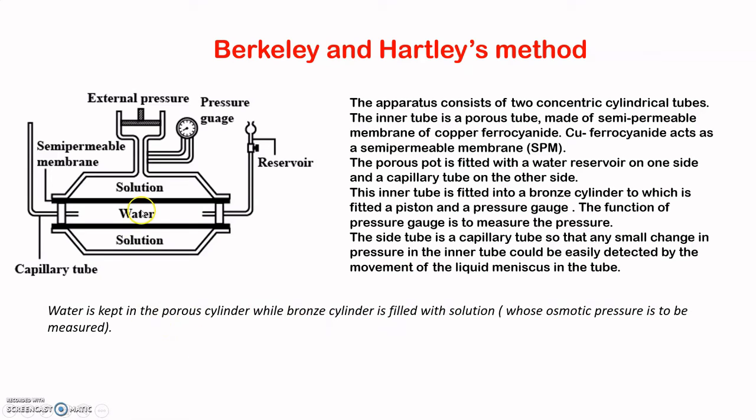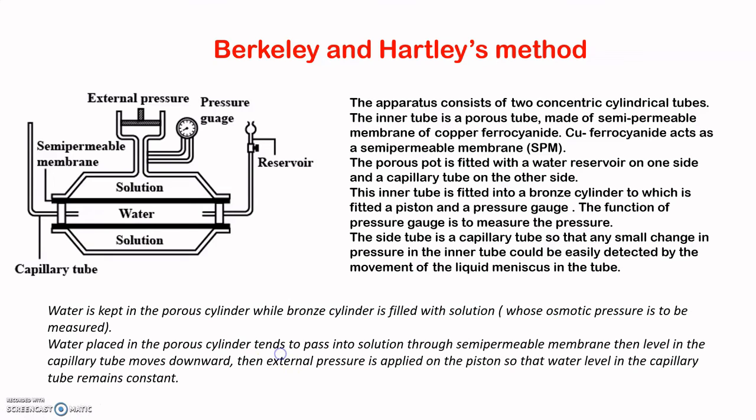Water is kept in the porous cylinder while the bronze cylinder is filled with a solution whose osmotic pressure is to be measured. When water is placed in the porous cylinder, it tends to pass into the solution through the semi-permeable membrane, and the water level in the capillary tube moves downwards. An external pressure is then applied using the piston, so that the water level in the capillary tube is maintained.